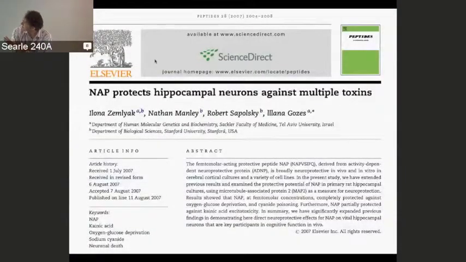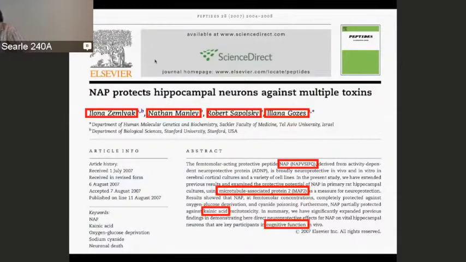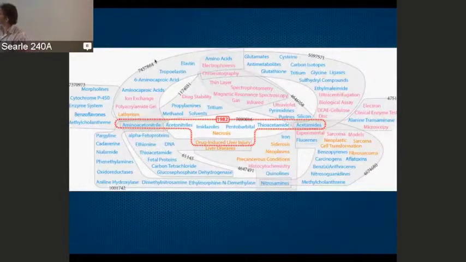We took an article like this, NAP protects hippocampal neurons against multiple toxins, and we extracted a variety of named entity elements, including disease and phenotype, chemicals of various types, methods, as well as things like authors, institutions, etc.